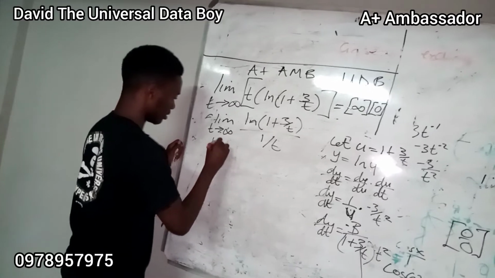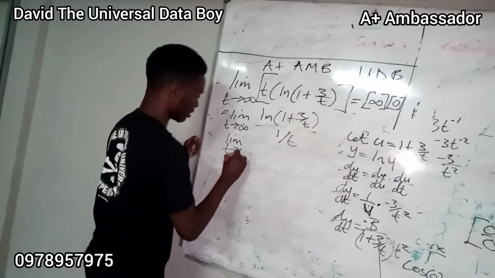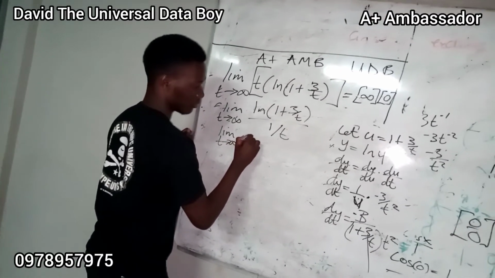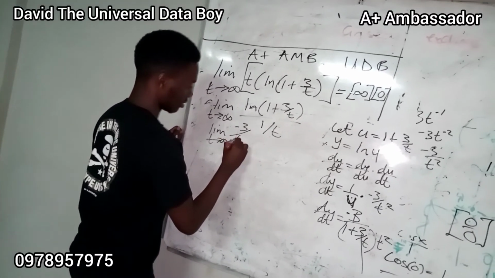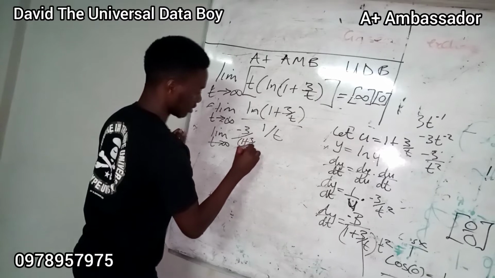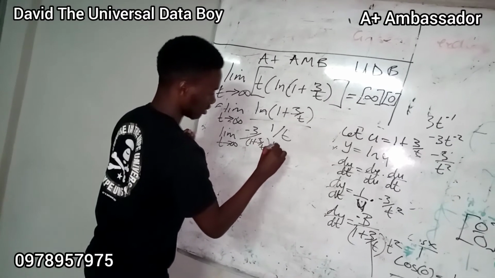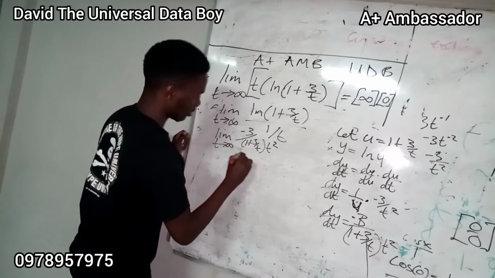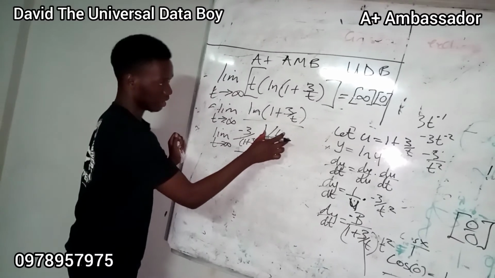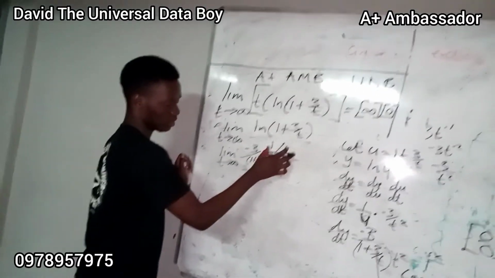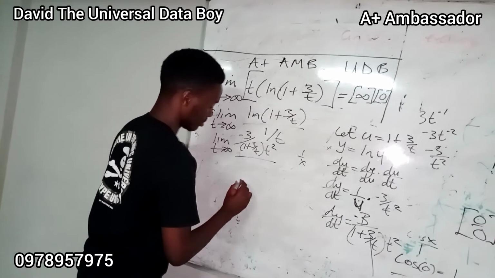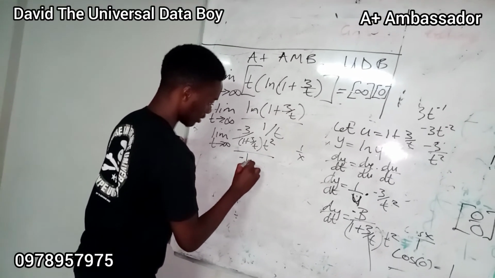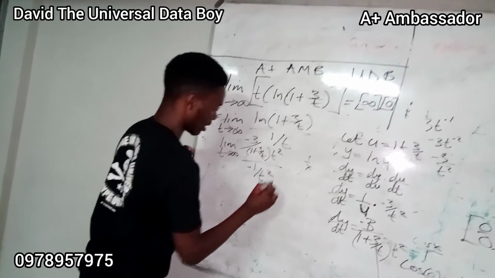So the limit as t approaches infinity of negative 3 over 1 plus 3 over t, over this. I think we've gone through this; it was the same one, it was 1 over x, and it will be negative 1 over t squared now.